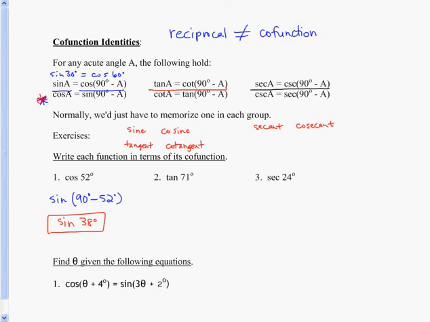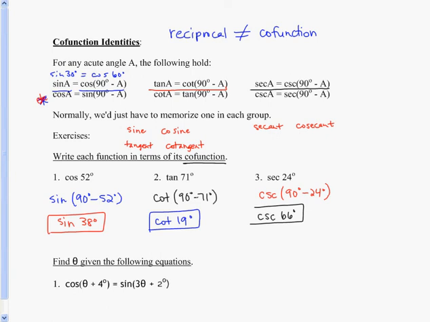If I want the cofunction of tangent, well, cotangent is the cofunction, and I would take my 90 degrees and subtract off my 71 degrees. So cotangent of 19 degrees would be my cofunction. And lastly, we have secant and cosecant. If secant is my function, then cosecant is its cofunction. I'm going to subtract the 24 degrees off of the 90, and I will have cosecant of 66 degrees being my new cofunction for secant of 24.